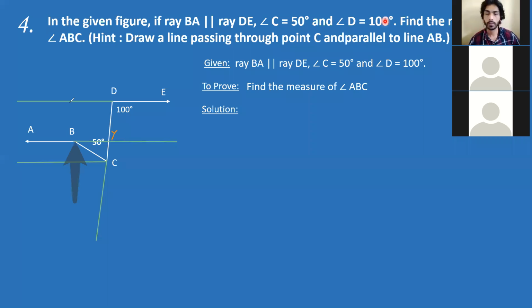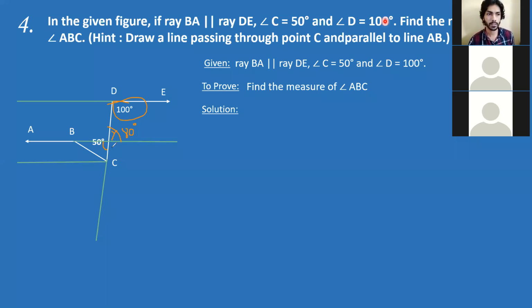Absolutely nice. Prathamesh, I used a slightly different technique. I have 100 over here, and I used the interior angle test, so I got 80 degrees, because the sum of interior angles is supplementary.